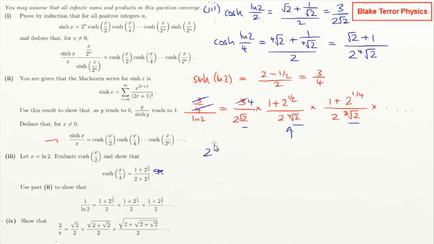I've got a 2 to the minus a half, times 2 to the minus a quarter, times 2 to the minus an eighth. So I need to get all of those together. So that is equal to 1 over 2 to the half plus a quarter plus an eighth.